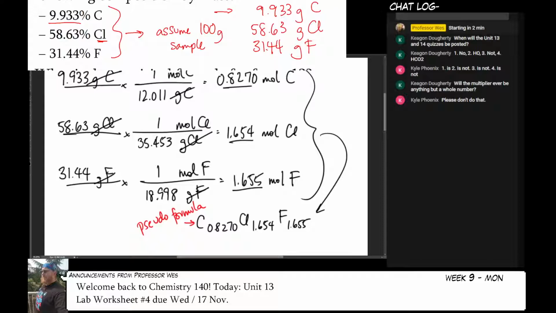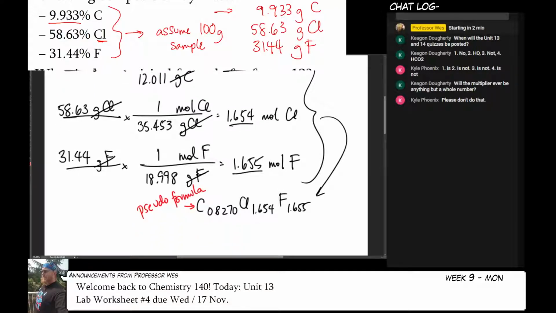It expresses the relationships effectively, but no formula exists like this because you can't have fractional numbers of atoms, yeah? So to get from the pseudo formula to the empirical formula, we're going to divide by the smallest number. In this case, that ends up being carbon. So we're going to divide everything by 0.8270.